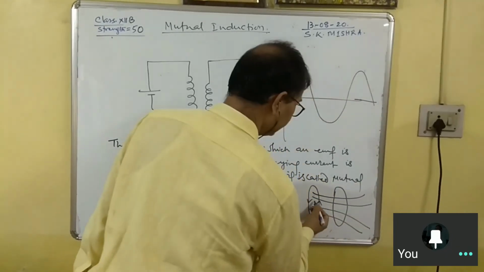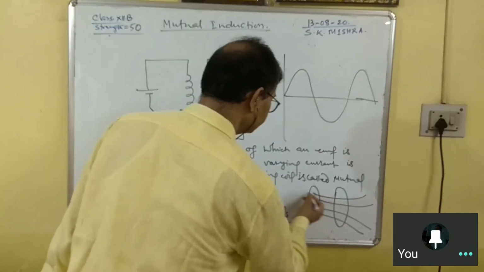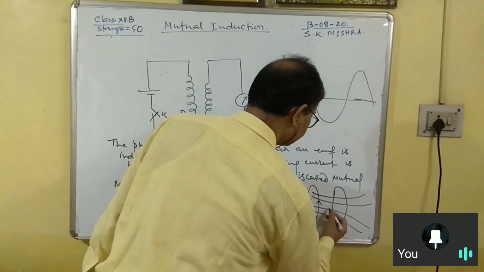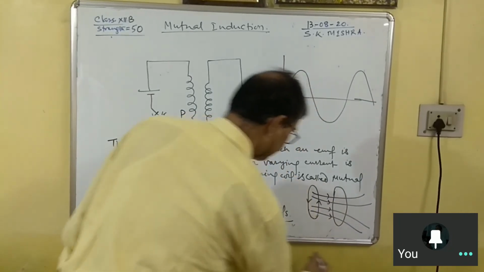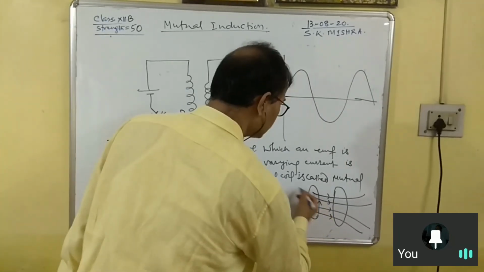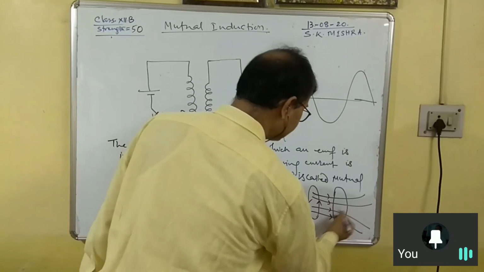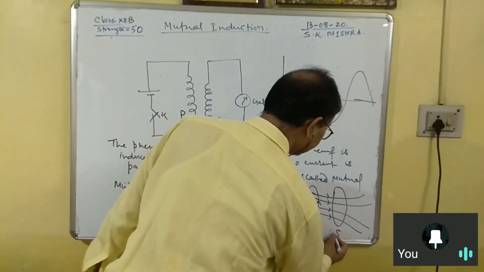Why? This face will be north and the field lines will go like this. So this field lines form a closed loop. So if you are placing secondary, this is primary, this is secondary.